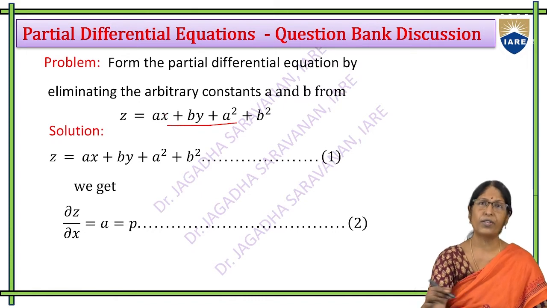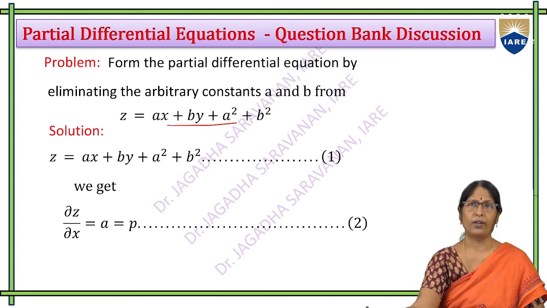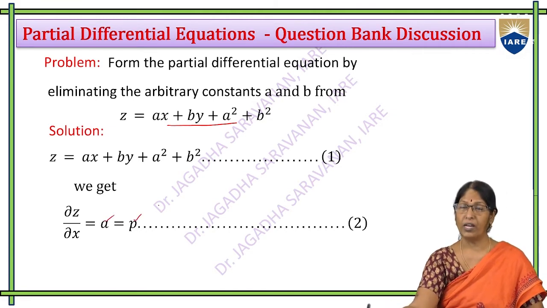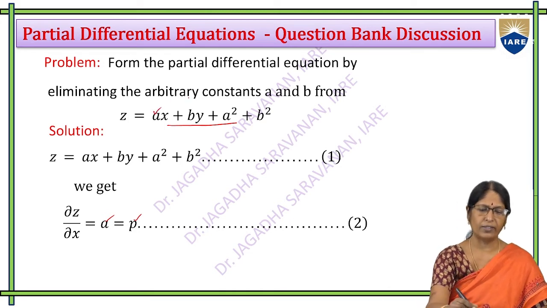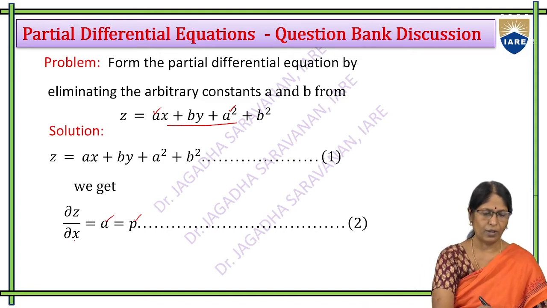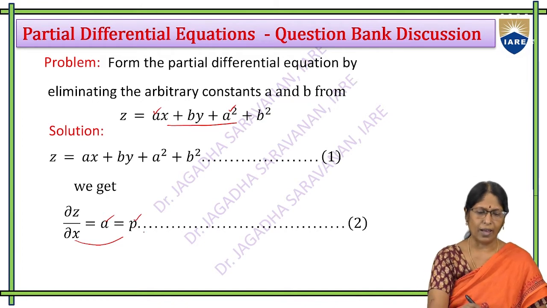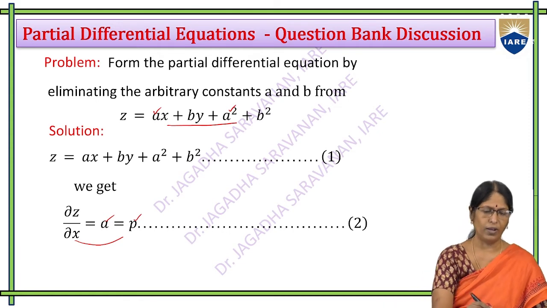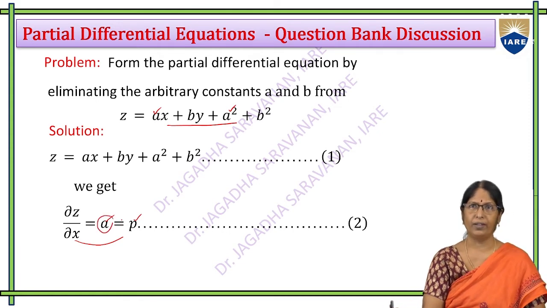The differentiation of x is 1, a into 1, a. So p is nothing but a. So in our question, wherever a is there, now we can replace it. What we obtained is that a is p. First we recalled it, then we did the comparison, the understanding level. We obtained p equal to a. Then the third level we moved to, apply. So the three levels we satisfied.